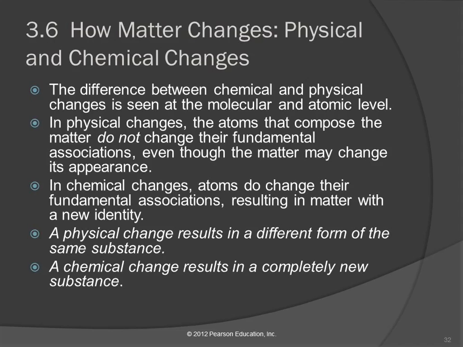If you have an element, the atoms remain the same. If you have a compound, the molecules remain the same. In a chemical change, you do have the particles changing. The element may become a compound because it reacts with something else. The compound could break apart into individual elements, but the particles are changing.